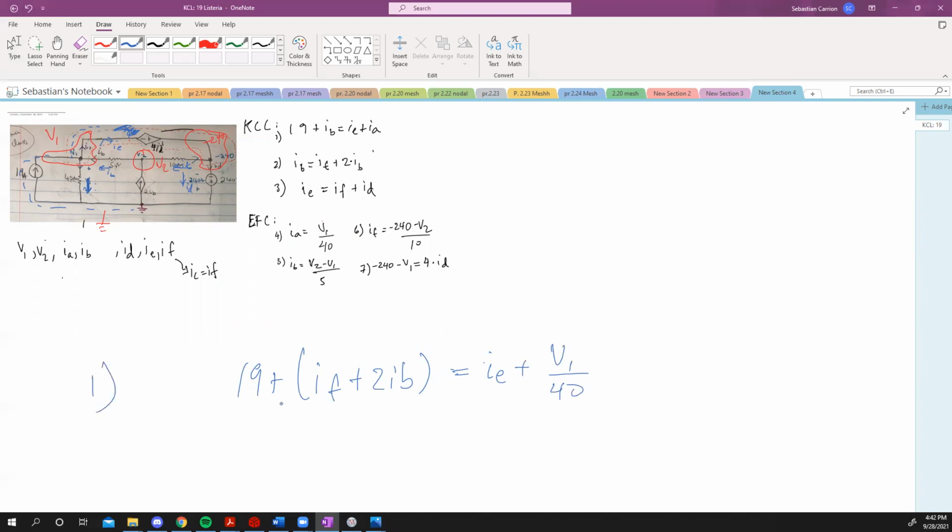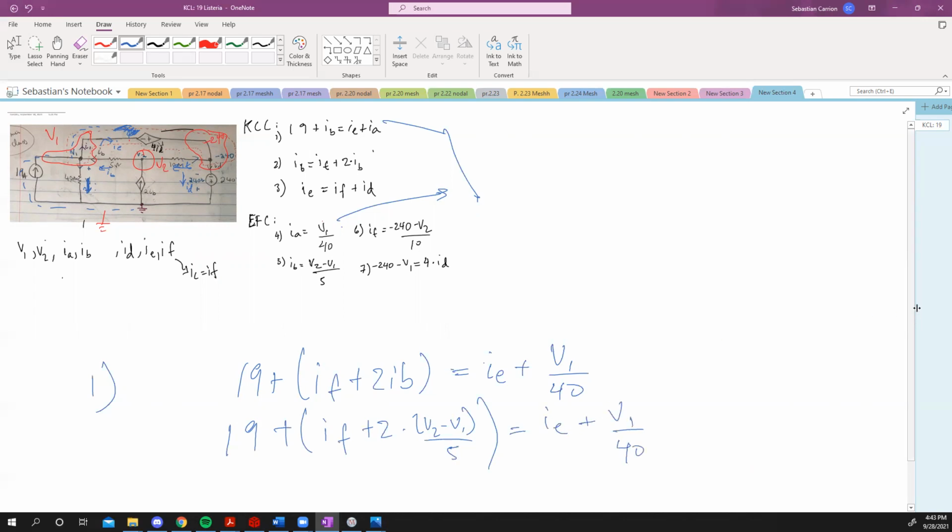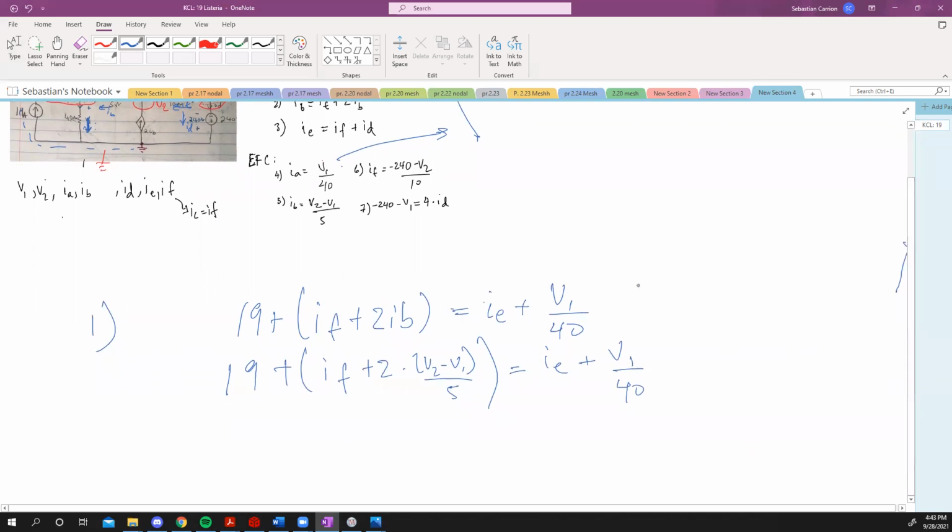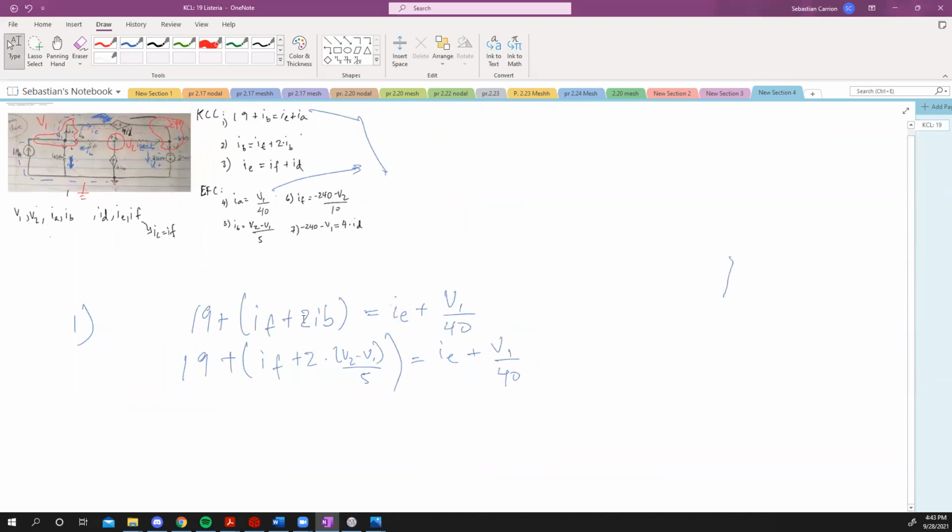Okay, you're plugging in IB, I see what you're saying now. So the first equation is I9 plus IF plus 2 IB, where IB is V2 minus V1 over 5, equals IE plus V1 over 40.